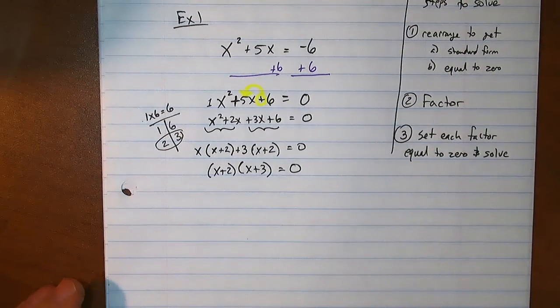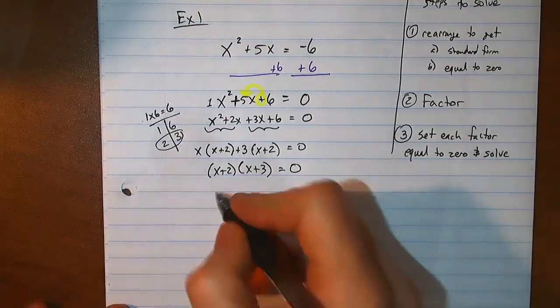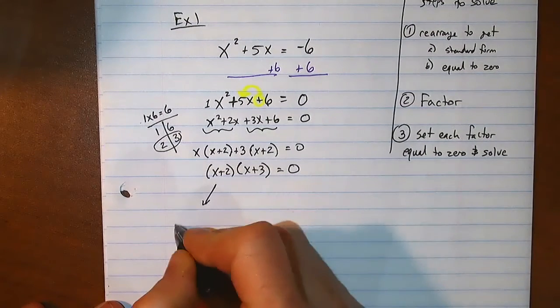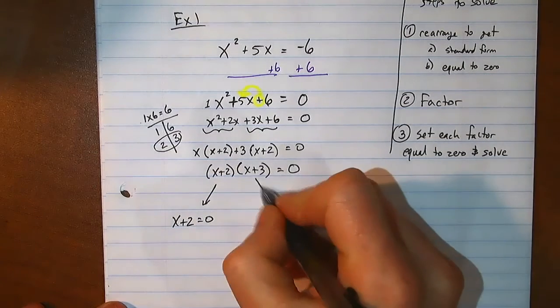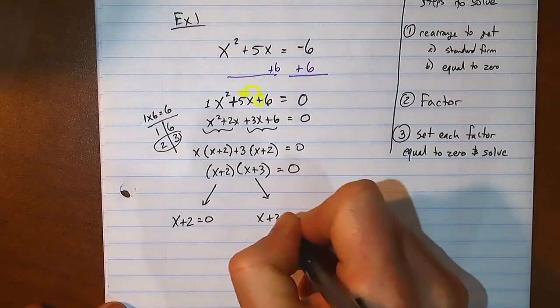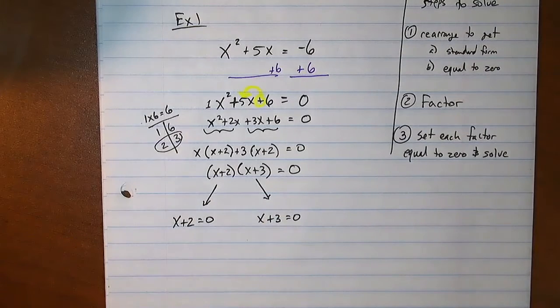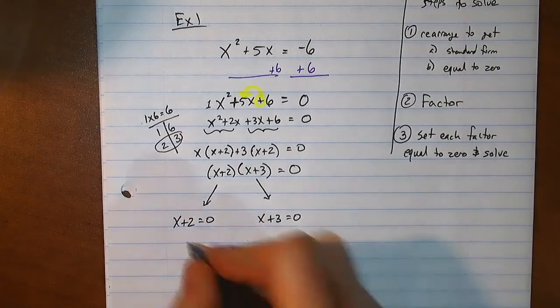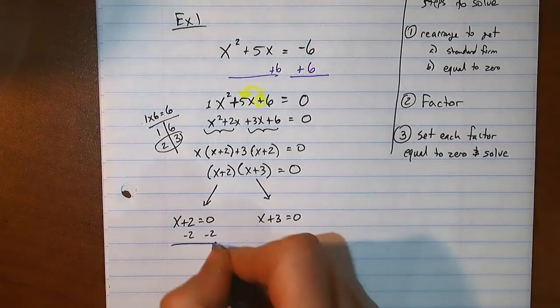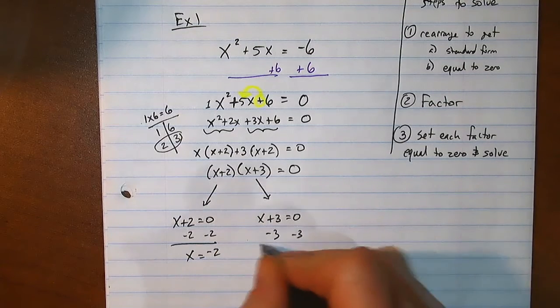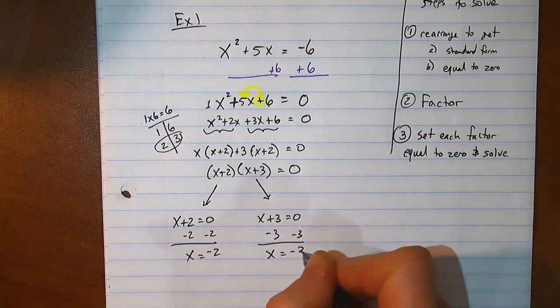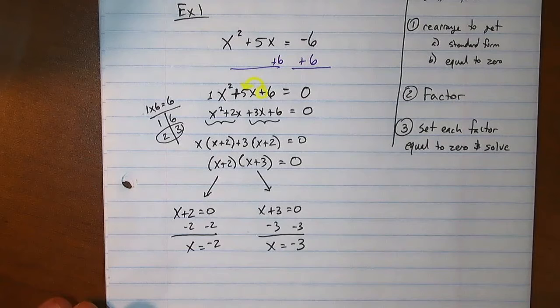What that's going to do is give me two equations to solve: one equation when x plus 2 is equal to 0, and another when x plus 3 is equal to 0. This is not particularly difficult algebra to do. Most of us would feel fairly comfortable with these. And so there are my two answers.